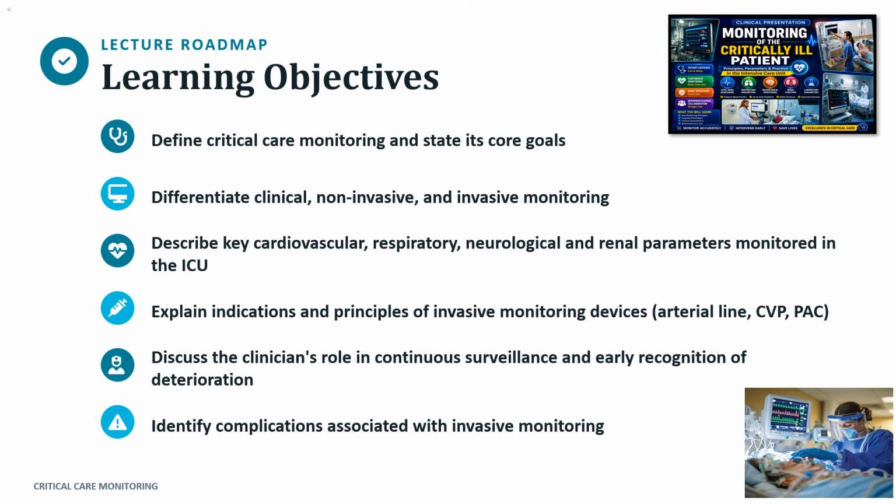Explain indications and principles of invasive monitoring devices: arterial line, CVP, PAC. 5. Discuss the clinician's role in continuous surveillance and early recognition of deterioration. 6. Identify complications associated with invasive monitoring.